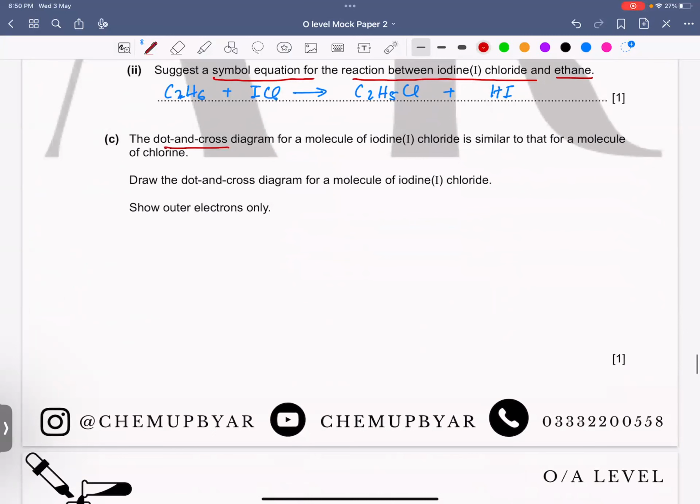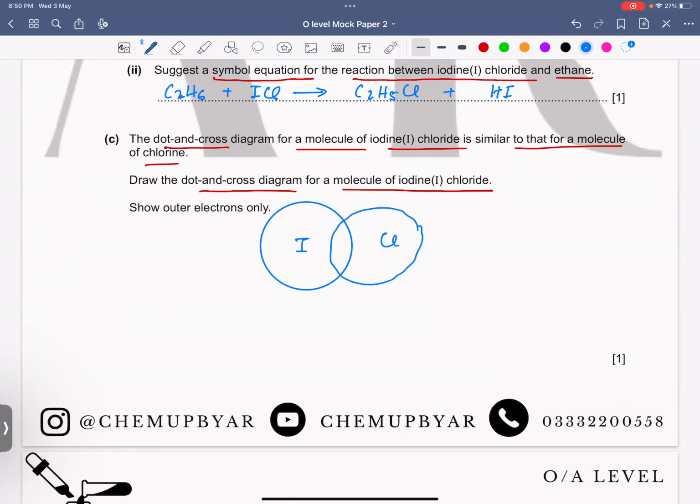The dot and cross diagram for a molecule of iodine(I) chloride is similar to that of a molecule of chlorine. Draw a dot and cross diagram of a molecule of iodine(I) chloride. You will make one circle having iodine in the center and the other circle having chlorine in the center.